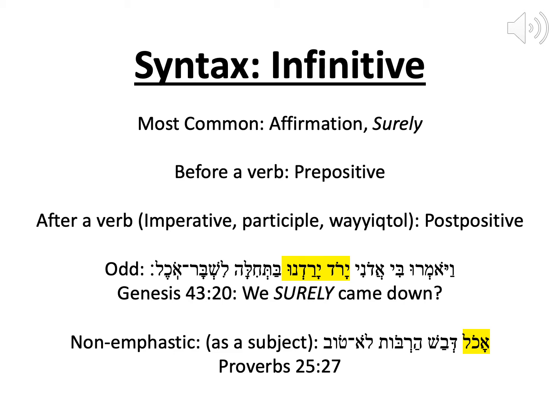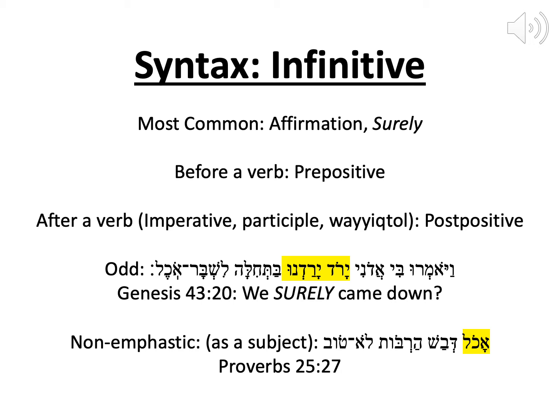The brothers of Joseph are talking to the person who is in charge of handing out the food after they have discovered that all of their money has been put back in their sacks, and they say to the steward, the master, the Adonai of Joseph's house, "Oh, my lord, we came down the first time surely to buy food." Well, surely doesn't really make a whole lot of sense here. Surely we came down? Perhaps the infinitive absolute is being used in a different way because surely seems somewhat nonsensical.